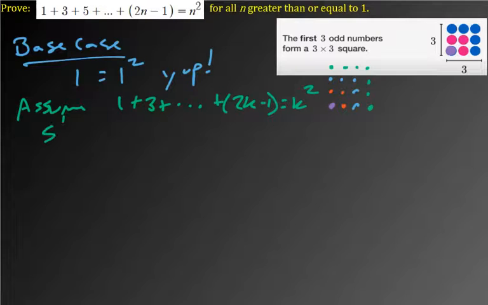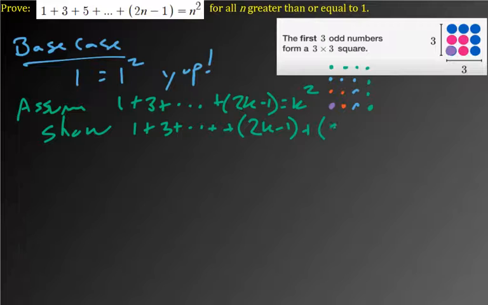And I'm going to show that 1 plus 3 plus and so on, I'll write this one out. The next odd number would be 2k minus 1 plus 2, right?